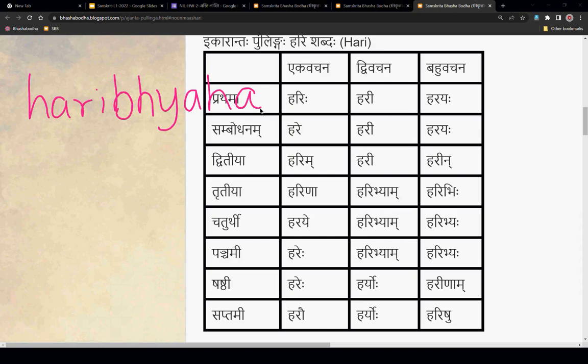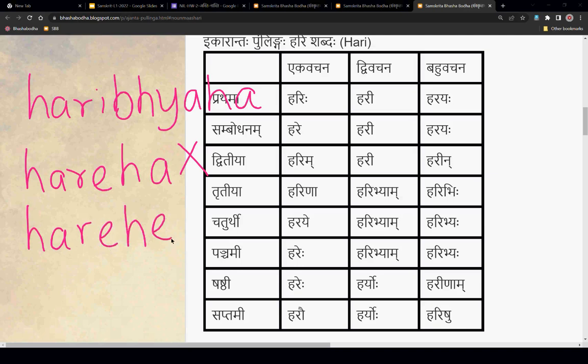Panchami. Harehe. No, hold on. It's not pronounced like this. It is what we said last time, that Visarga should continue the last letter: Harehe. Haribhyam, Haribhyah.